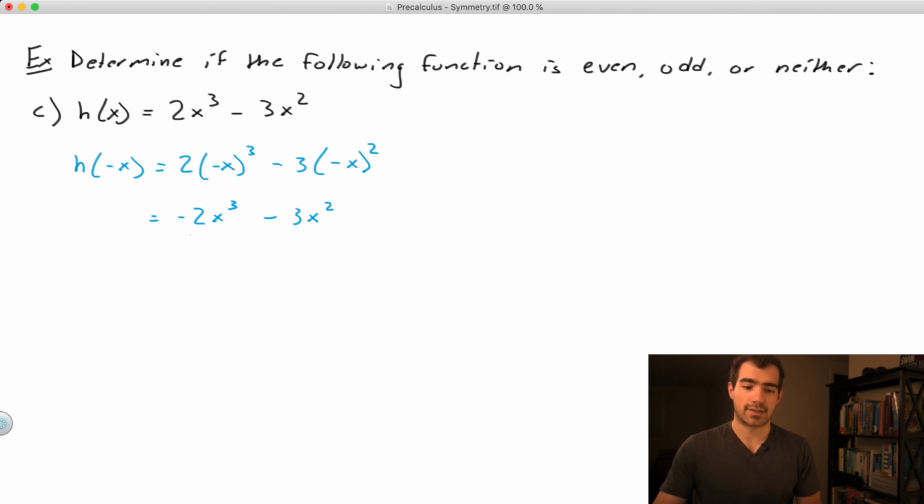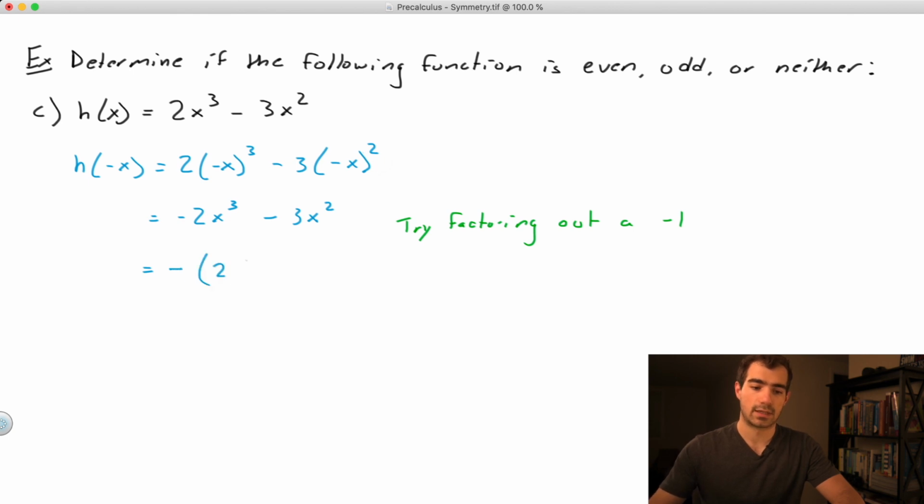Now, this here doesn't look exactly like h of x quite yet. And so we might try that same trick of factoring out a 1. Let's try factoring out a negative 1. And if we do that here, we'll have negative times the opposite of negative 2x cubed, which is 2x cubed, and the opposite of negative 3x squared, which is positive 3x squared. Except again here, this doesn't quite equal this, right?